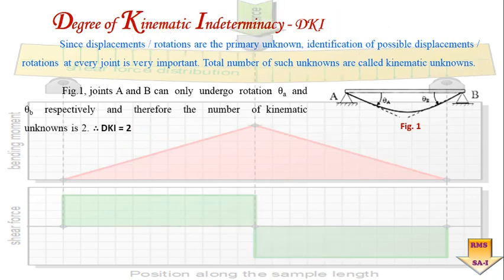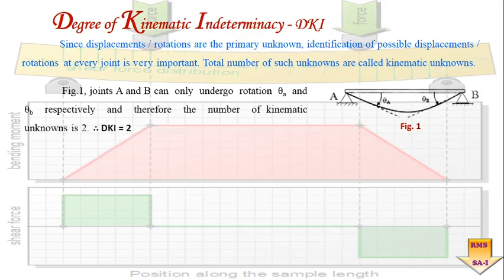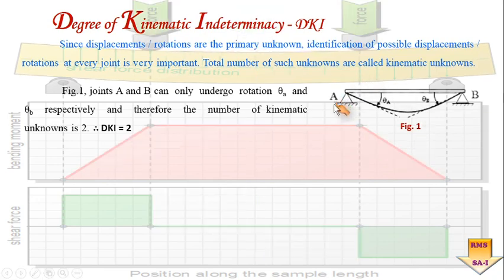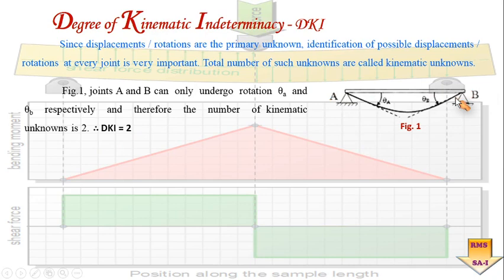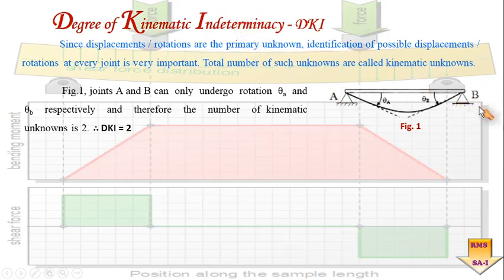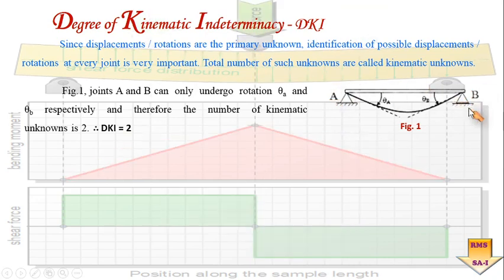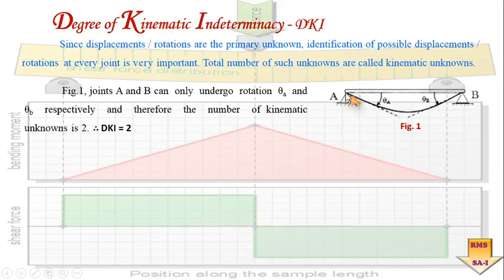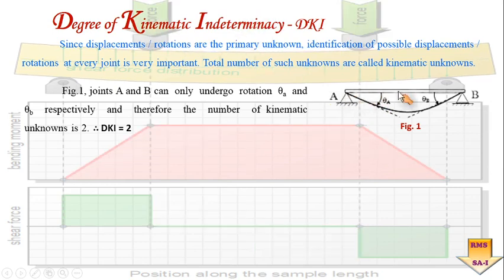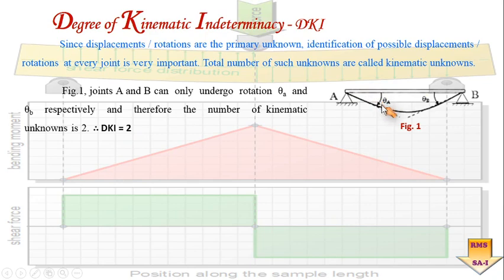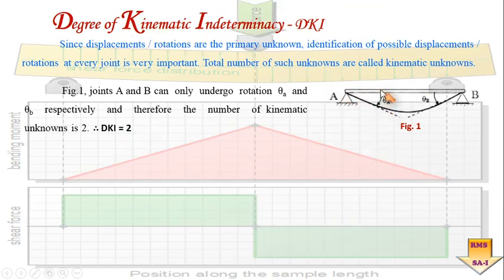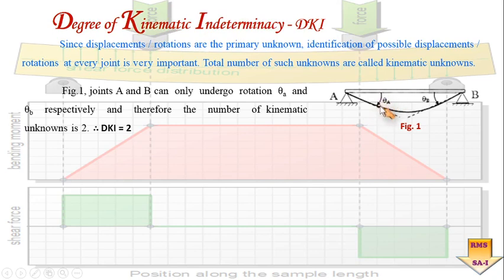Let us take one example. We can see in figure number 1, it's a simply supported beam with a certain loading. Here at A and at B we can observe two simple supports. One is a hinge, another is also a hinge, and we know the peculiarity of a hinge: it always allows the rotation about its own point. So this hinge is allowing the rotation of this beam in the clockwise direction about point A. That displacement is the slope.